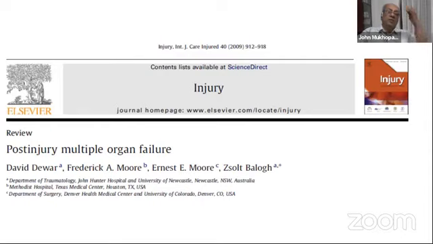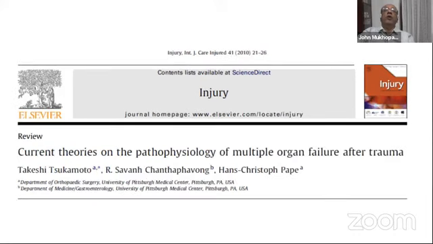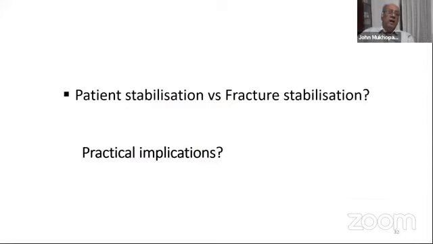And Bud Palak is an orthopedic trauma surgeon from Australia, but the study was basically a combined study between Australia and Denver, Colorado. And again, they looked at post-injury multi-organ failure. And this study from Pittsburgh with Christoph Pape, who's also done a lot of work on damage control surgery, looks at the current theories of pathophysiology of multi-organ failure. So I think these are articles which most of you should go through to understand the pathophysiology of polytrauma.